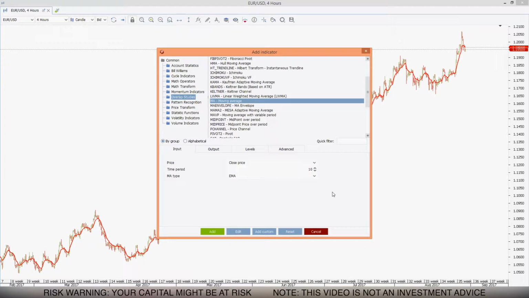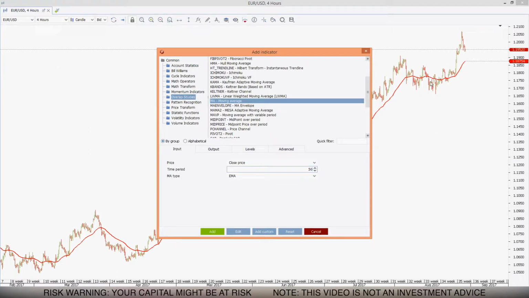For a golden or dead cross, we need two moving averages on the screen. One should have the period 50. What does it mean? It means that on the time frame, in our case the 4 hours time frame, it considers the closing prices of the previous 50 candles before plotting a value.